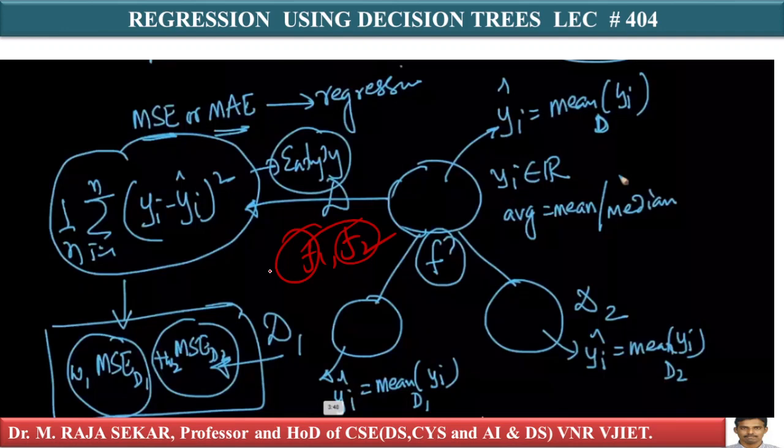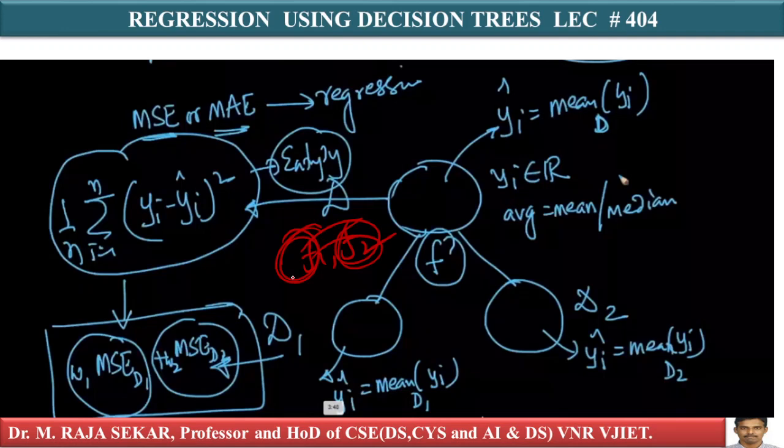Whichever feature reduces the error, or the mean squared error, I will pick that feature. Whichever feature reduces the entropy, I will pick that feature in classification.